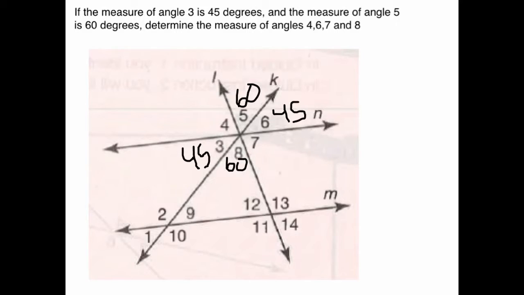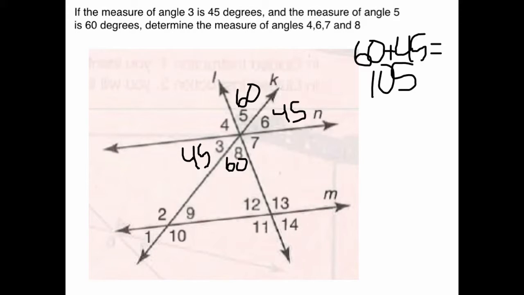Now, figuring out 7 and 4 are a little bit tricky. 4, 5, and 6, 3, 8, and 7 are all along this straight line, which means that all of these angles are actually supplementary to each other. Remember, supplementary are angles that add up to 180. So I'm going to find the value of angle 4 using my knowledge of supplementary angles. First thing I'm going to do is add 60 and 45 together, which equals 105.